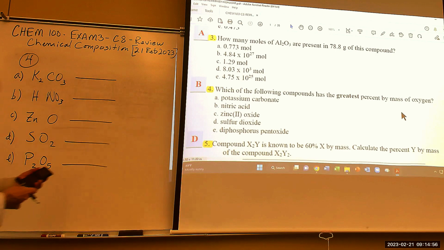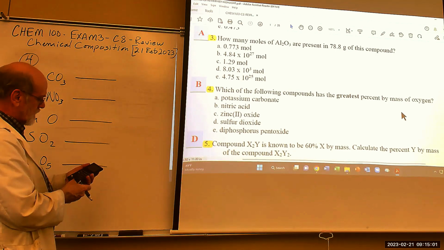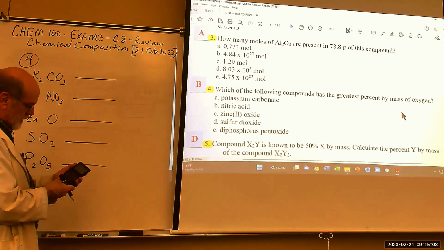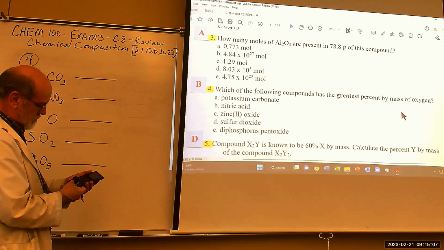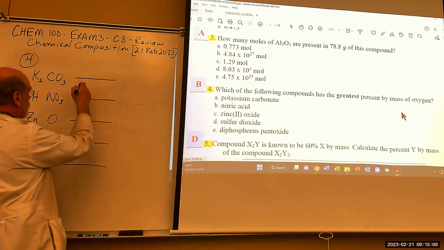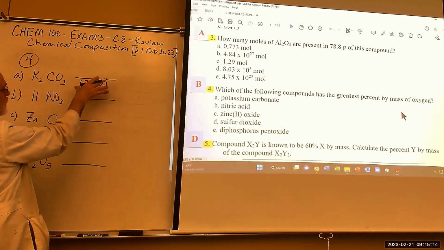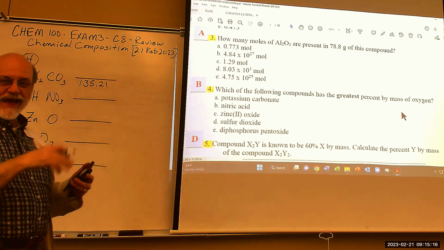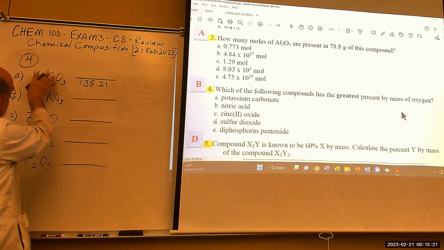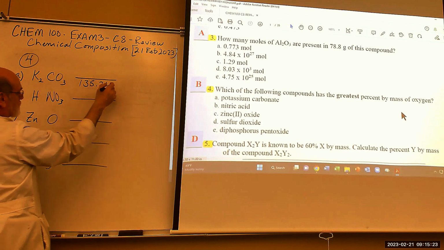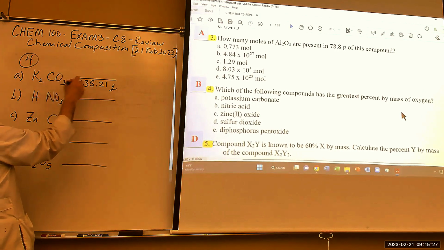39.10. 39.10 times 2 is potassium. Carbon is 12.01. And 3 oxygens is 48. So that's 138.21. 138.21 is the total mass of 1 mole of the compound. Well, if you have 1 mole of this compound with that mass, then what mass of that compound is oxygen?